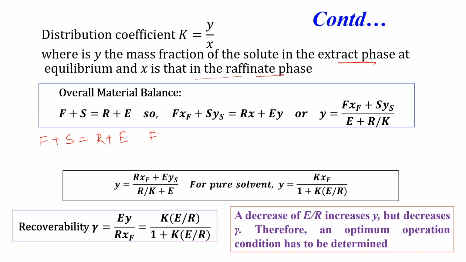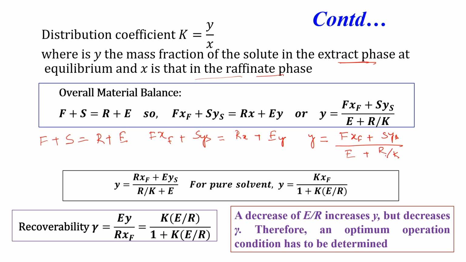So, this will be F into XF plus S into YS, this equals R into X plus E into Y. So, from here we can write Y as (F XF plus S YS) divided by (E plus R upon K).